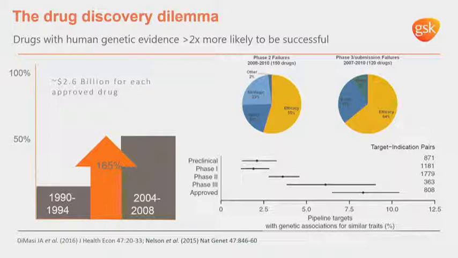A lot of that has to do with the late stage clinical failure. In phase 2 and phase 3, we see very high rates of failure. And as is shown in the upper right-hand corner, this breaks down in a recent study the reasons for those failures. And both in phase 2 and phase 3, most clinical studies are failing due to lack of efficacy.